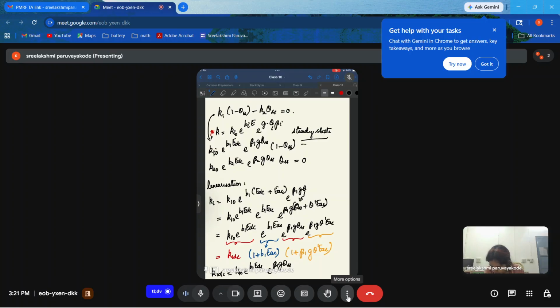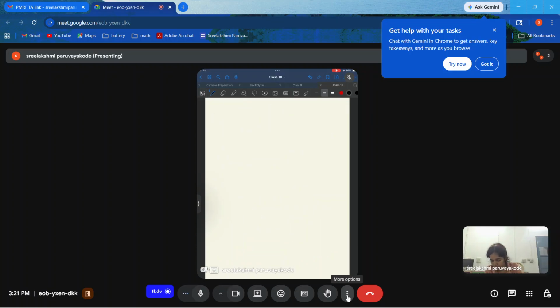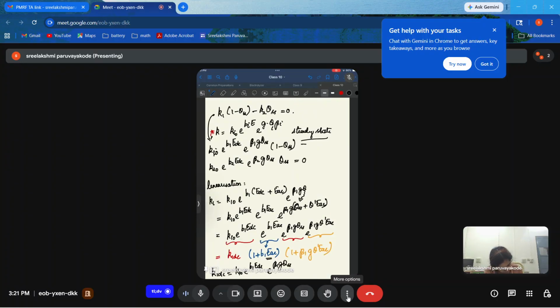Now I'm simply opening up the bracket. Okay, I'll just write it and then show you. K1 DC into 1 plus beta 1 G theta dash EAC plus B1 EAC. And if you see the last term, it becomes B1 EAC into beta 1 G theta dash EAC. So EAC square is a very small value, we can neglect it.